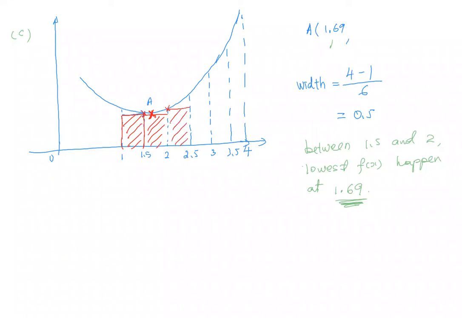Fourth, I take 2.5. Fifth, I take 3. You see, I mark down all the points, because y3 is shorter than y3.5. Then the last rectangle is here.